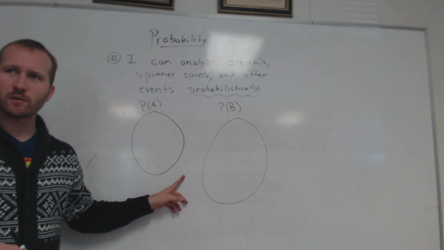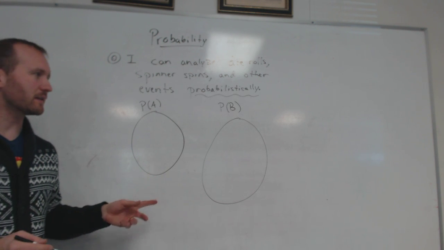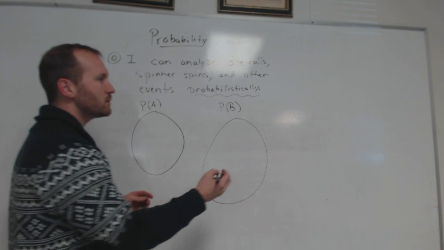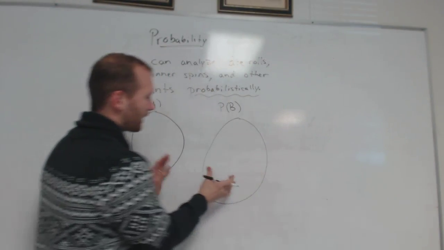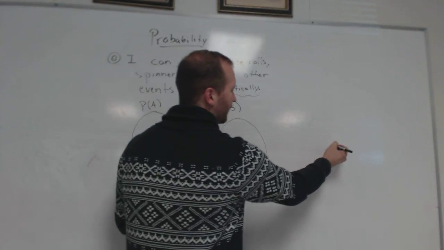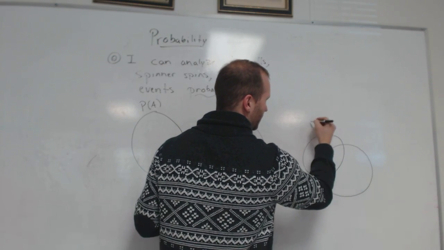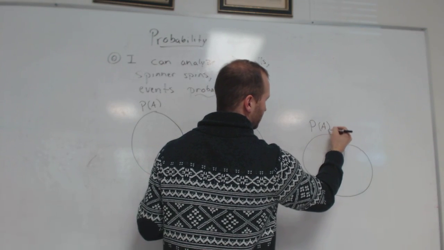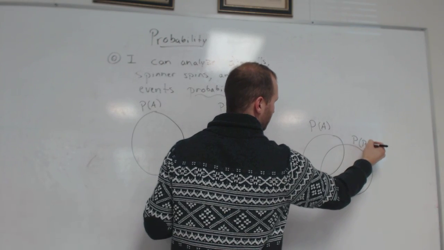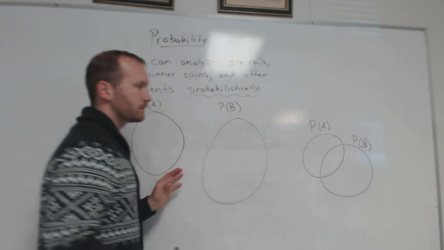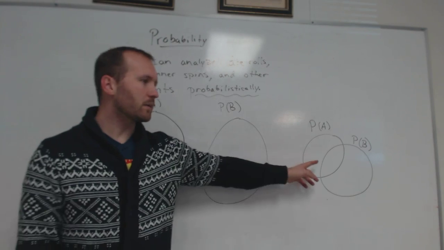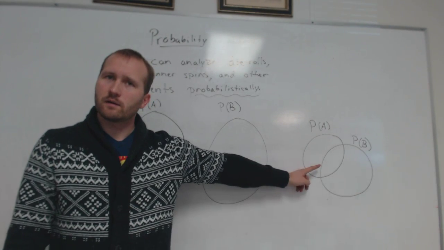But this is really helpful when we talk about mutually exclusive events. Because in a mutually exclusive event, we have areas like this. If an event is not mutually exclusive, we would have areas like this. They would overlap.